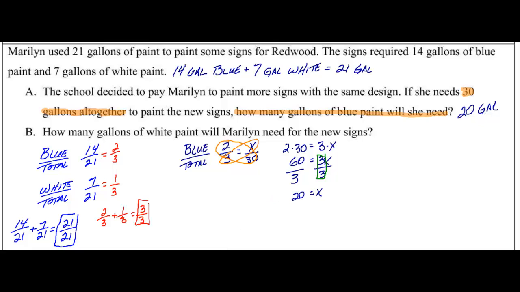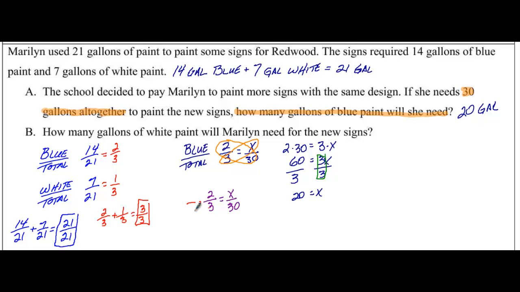The other way that we could have solved it, and it's the way that I would choose to solve it, is I would look first to see, when I write that ratio, 2 to 3, and X to 30, is there a big 1 that I can multiply to get X?